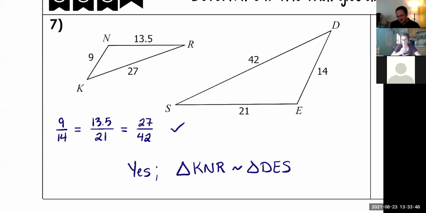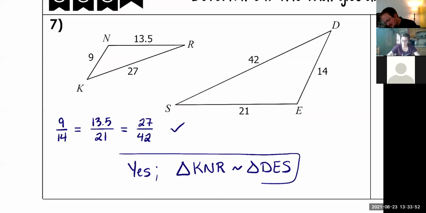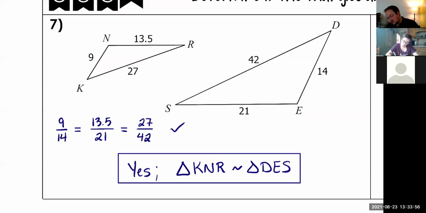There we go. So KNR is similar to triangle DES. Again, if you're still thrown off by this little relationship right here, 9 divided by 14 equals exactly the same thing as 13.5 divided by 21. So if you go back and check those later, or if you're watching the video, quick reminder there.